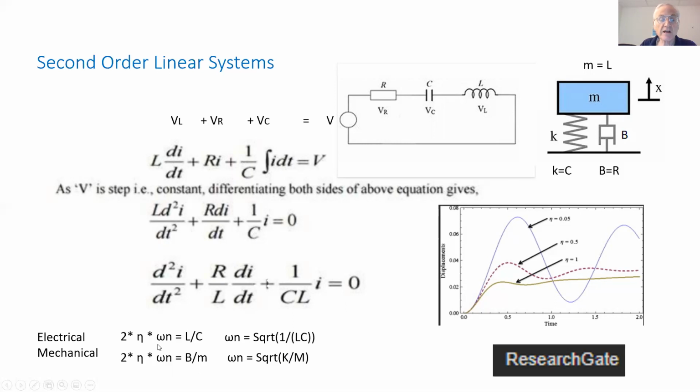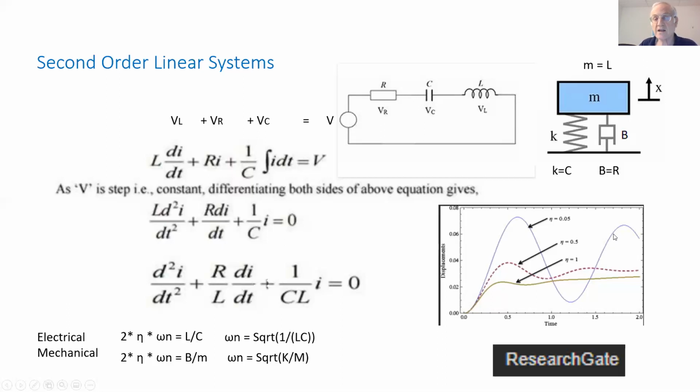And also we have the relationship between the damping of the system, where the relationship is 2 times the damping ratio zeta times natural frequency, which, as we found over here, is equal to R over L, and over here equal to B over M. And the damping coefficient basically determines how much overshoot we have in the system.